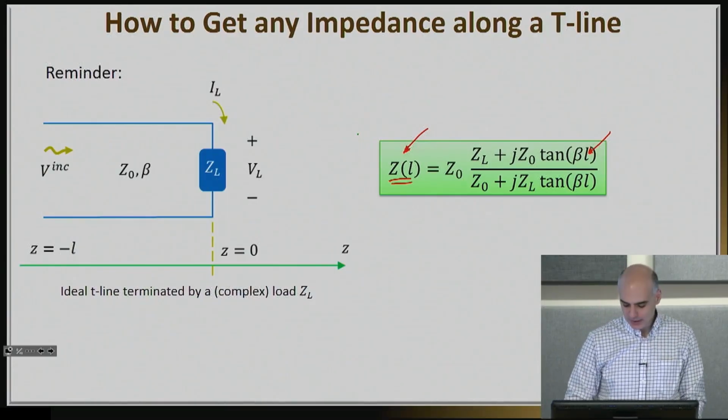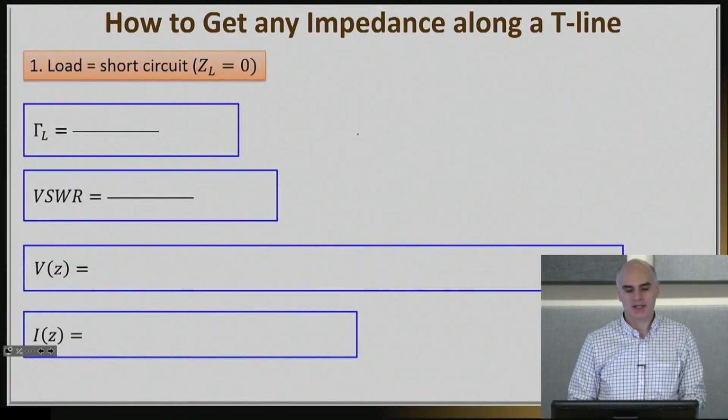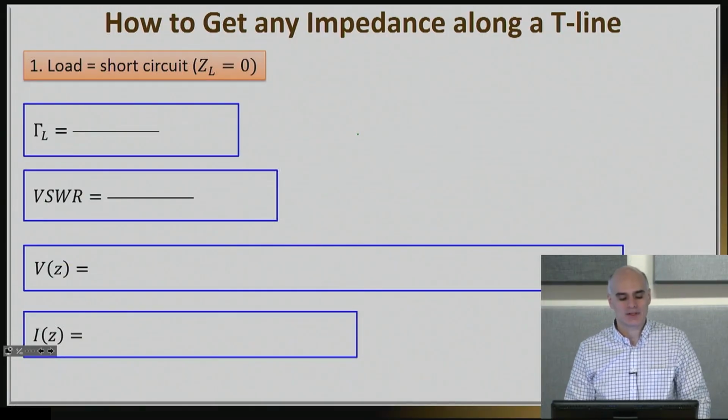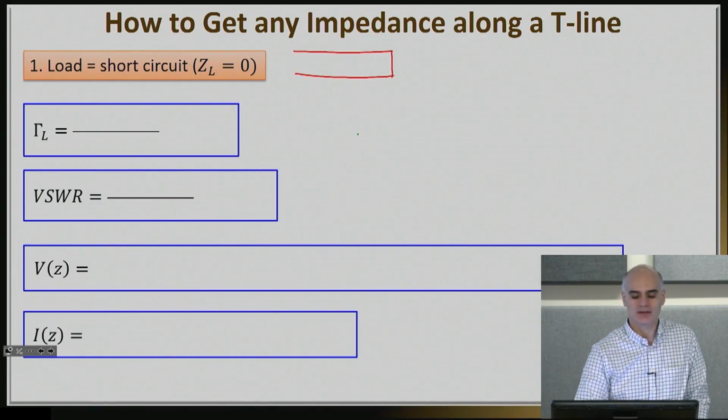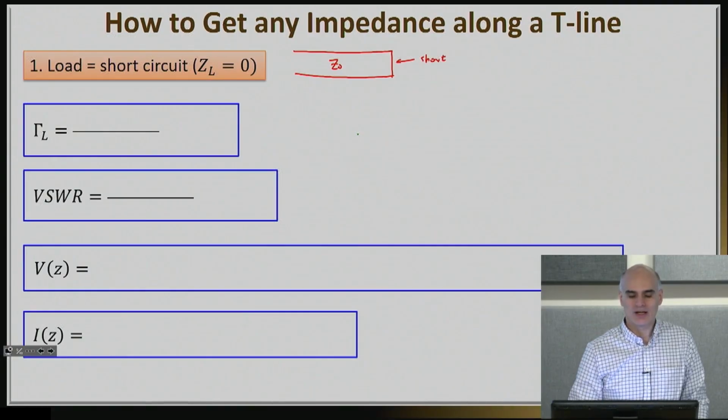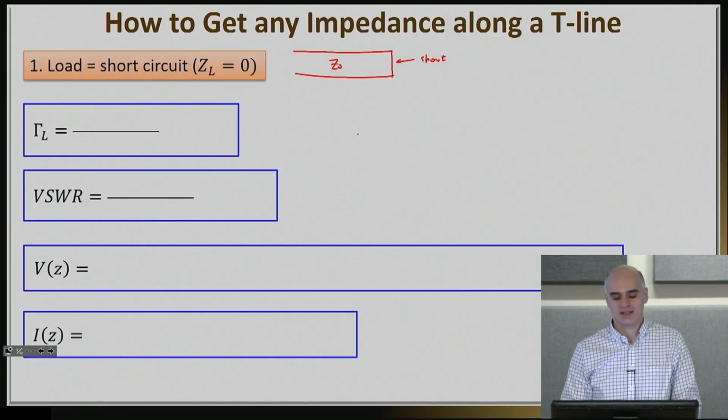So let me give you some explicit examples here so you can get a real feel of how this works. Let's assume that I do have a transmission line that is actually shorted at the end. So here's a transmission line Z0 with literally a short at the load. This is something you can do in real life really easily.